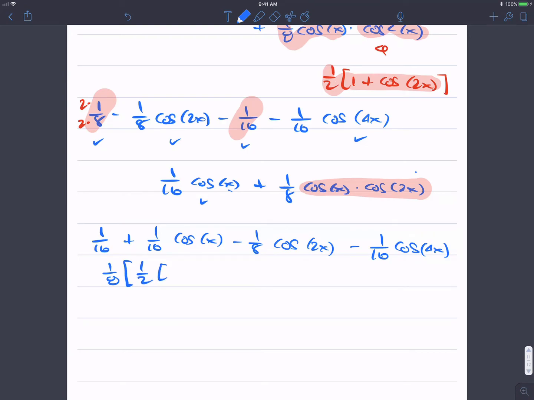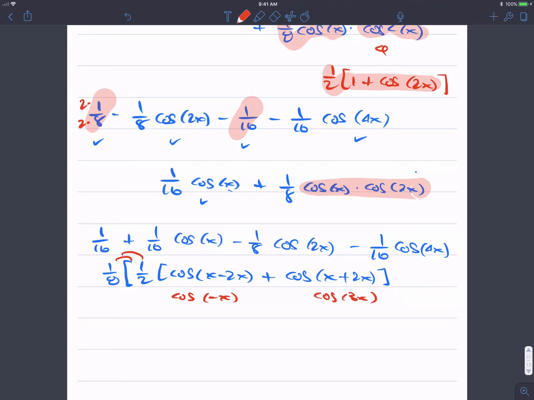1/2 (cosine of x minus 2x plus cosine of x plus 2x). Okay, so this is a product to sum identity here. This portion here is cosine of minus x, and this is cosine of 3x. So let's do some distributive property here.